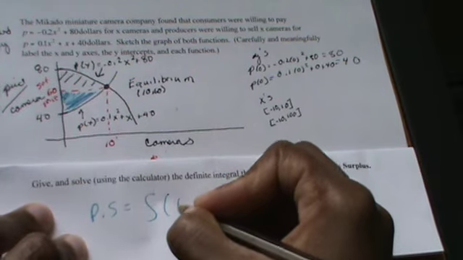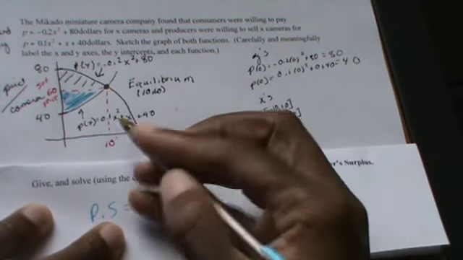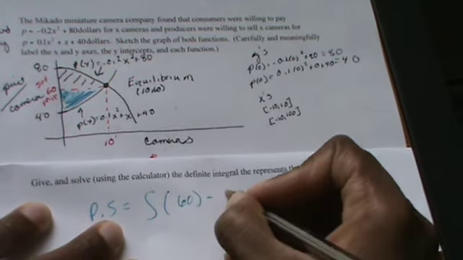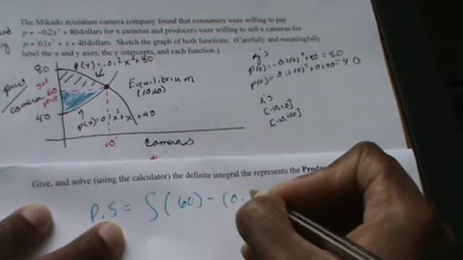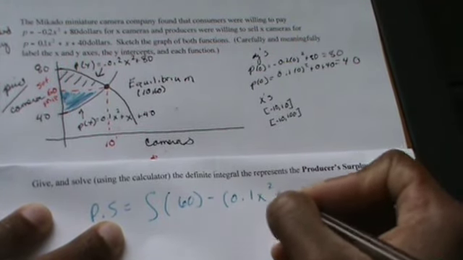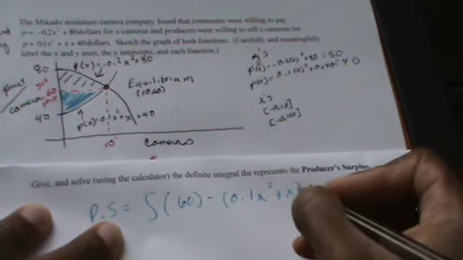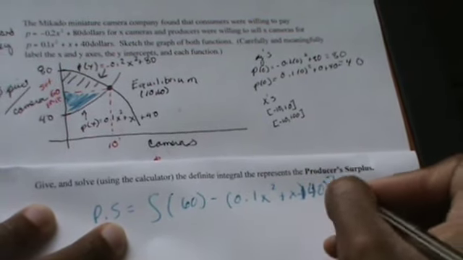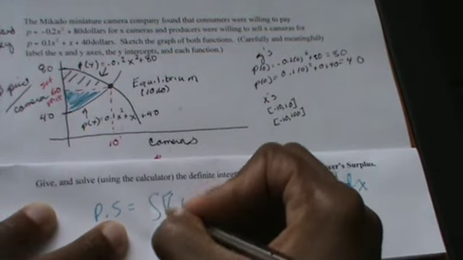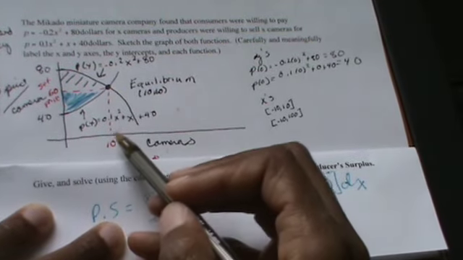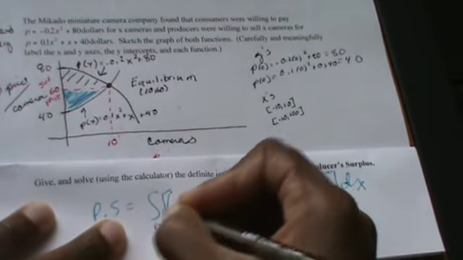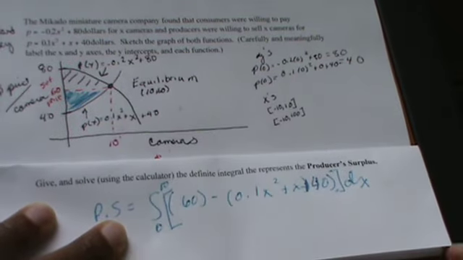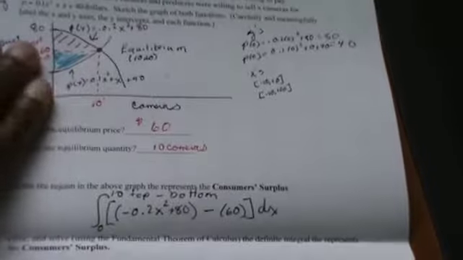It's your set price. So 60 minus your supply curve, 0.1 x squared plus x plus 40, the whole thing, dx. And notice this region also runs from 0 to 10.